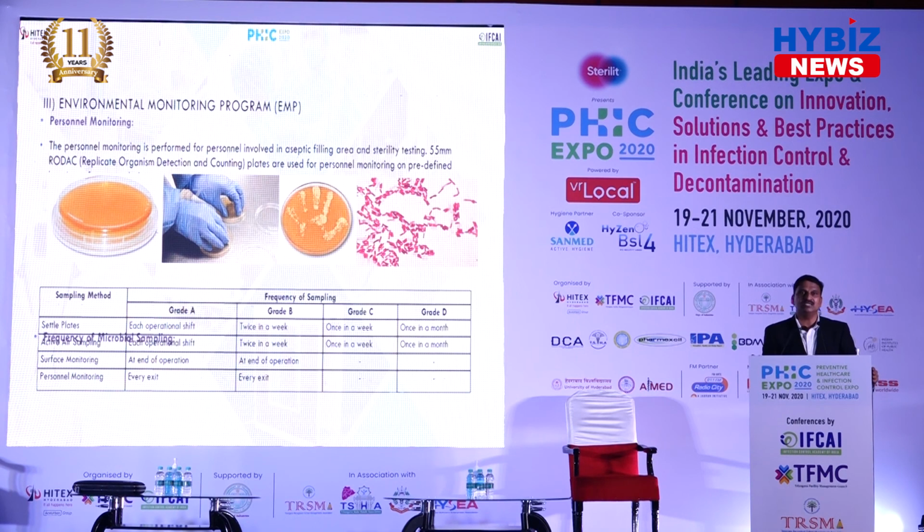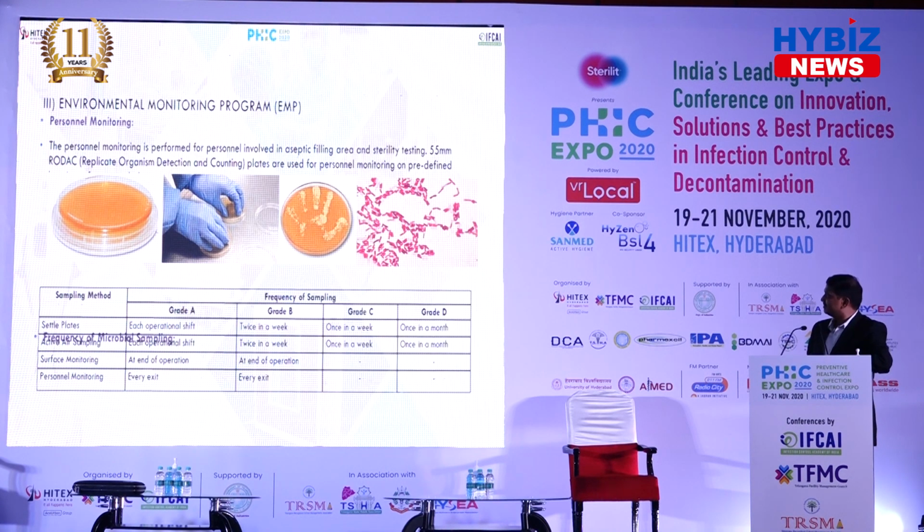RODAC means replicate organism detection and counting, wherein if we sample a gown or a glove, the organisms present on a particular location will be replicated. So a replica of the organisms will be grown. One example is shown there, wherein if you keep a hand on a plate, after incubation it is replicated as such. For that purpose RODAC plates are used, which are of 55 mm size.